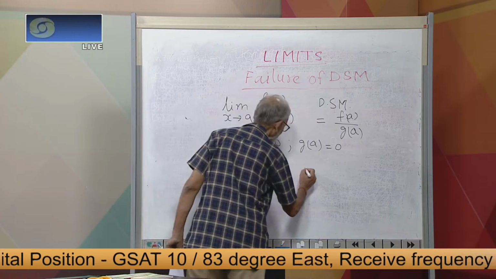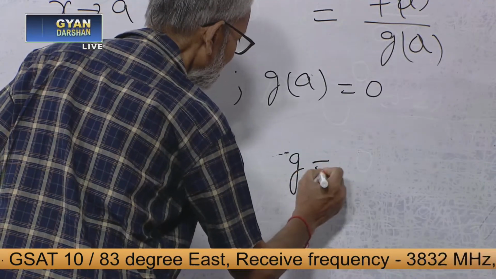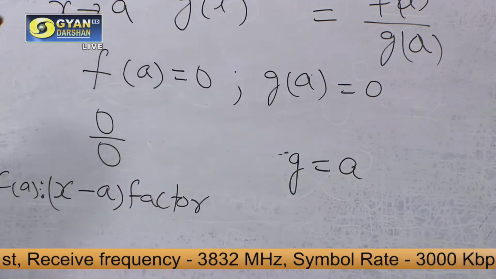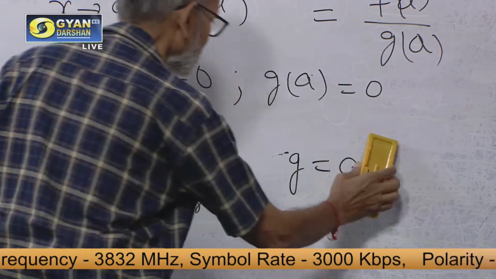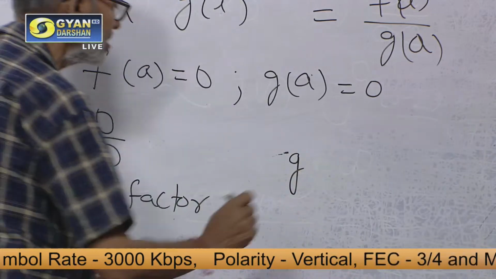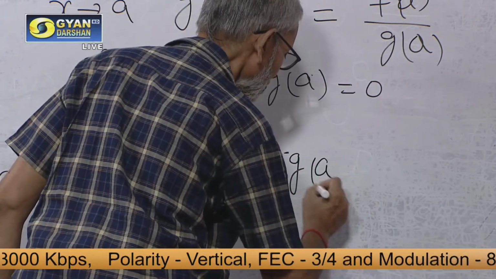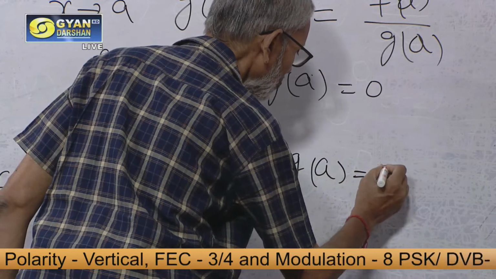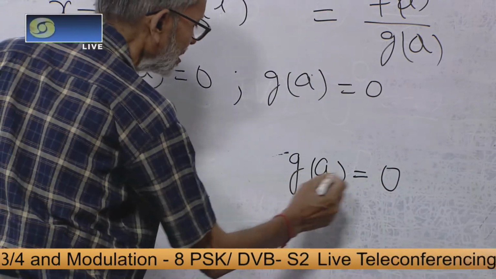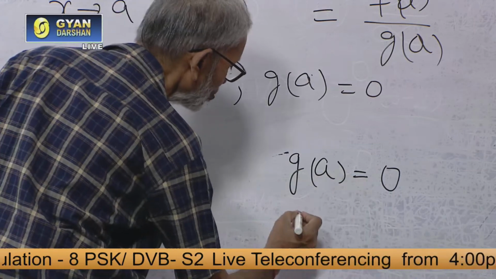Similarly, g a is also 0. It means that if you put a in place of x, the value of function g x comes out to be 0.